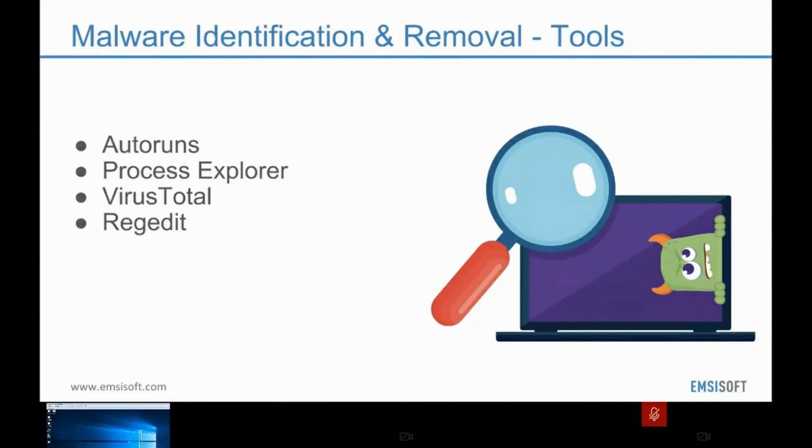Autoruns, which we will be using, is a tool that lists a large number of load points together with useful information about the files or objects that are being loaded. And Process Explorer is a more powerful version of the Windows Task Manager and can be used to check and terminate processes. We will also be using VirusTotal, which is an online service that can be used to scan files or URLs by more than 70 different engines, if I'm not mistaken.